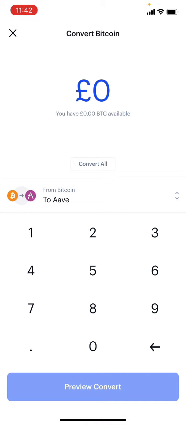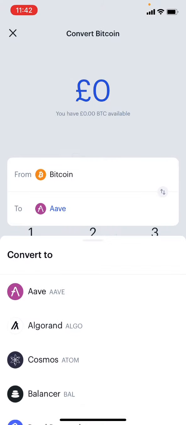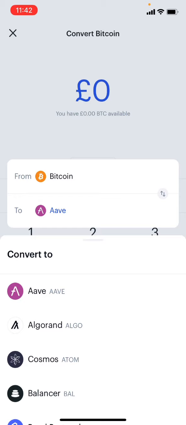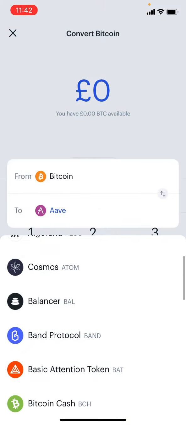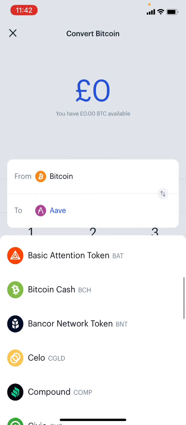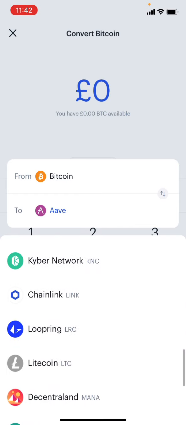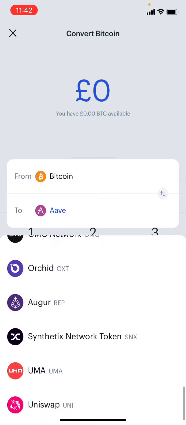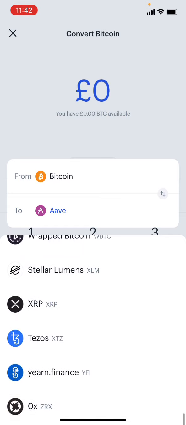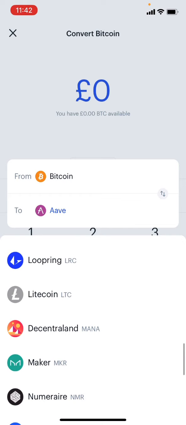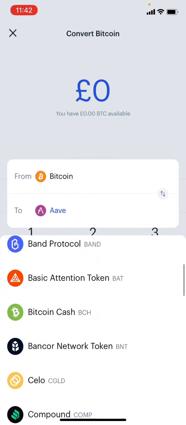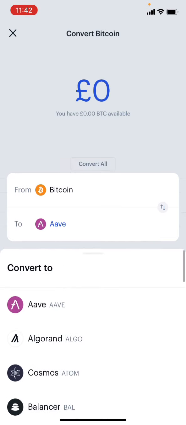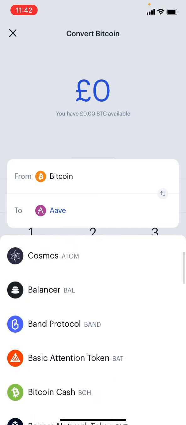For example, if you want to convert Aave to Bitcoin, so you have Aave cryptocurrency and you want to use this Aave to buy Bitcoin.